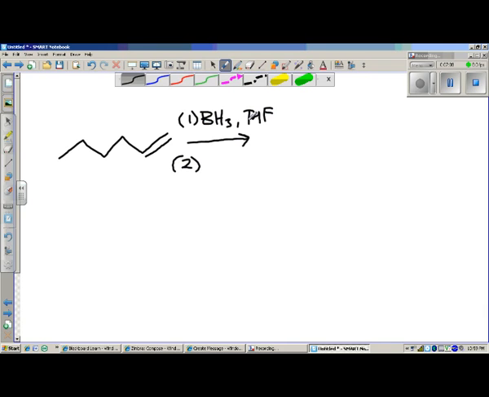First one is BH3 and THF, and by the way, THF is just a solvent, it's just an organic solvent that this first step happens in. And then we have hydrogen peroxide with OH minus present as well. And I'll ask you to watch the structure of the product. Well, what you'd hopefully recognize is in the BH3, the B would go here, the H would go here, you'd have BH2 here, and then the OH minus would come in and displace it. But more importantly, you would have the anti-Markovnikov alcohol. It's the only reaction we know of to actually make that product.